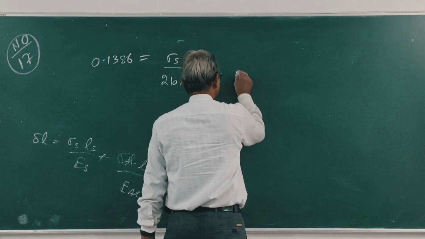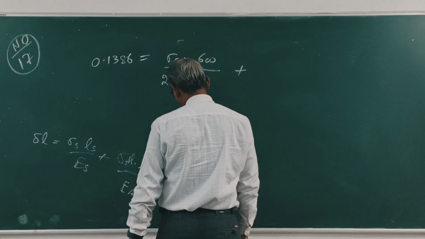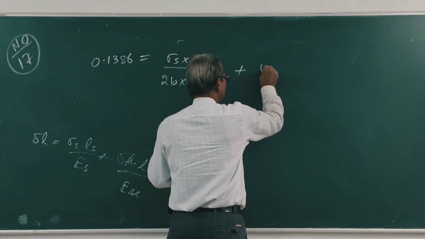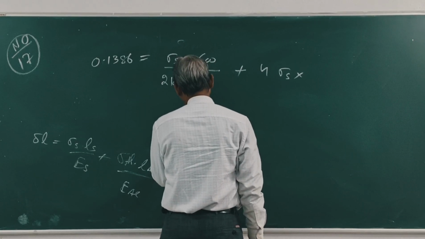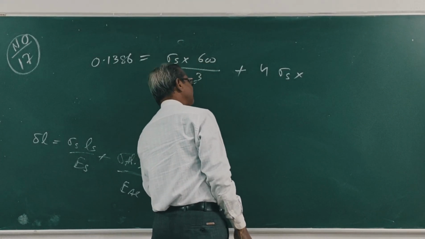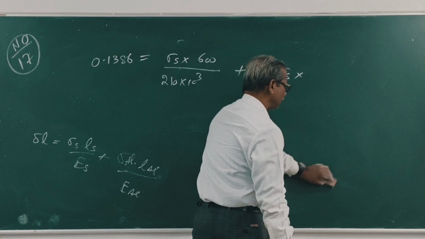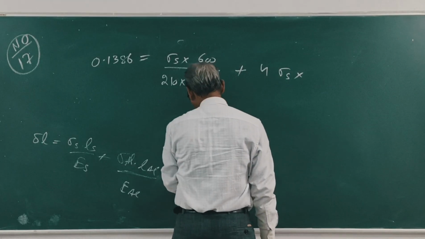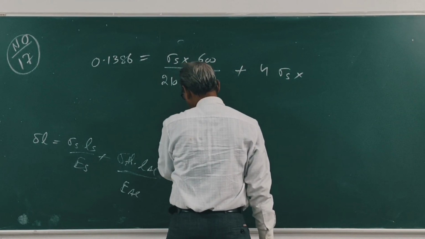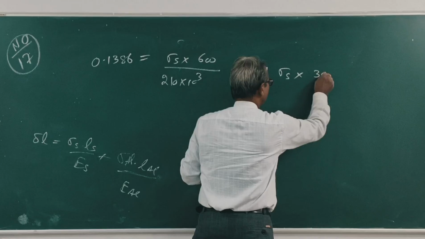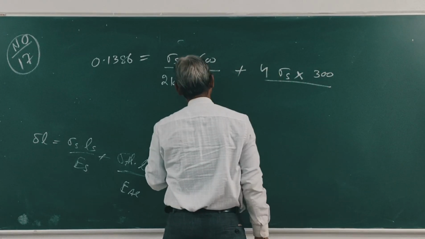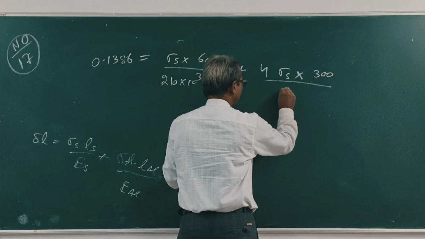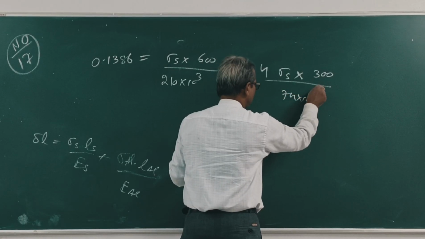plus sigma aluminum, 4 sigma steel, L aluminum. What is L aluminum? L aluminum is equal to 300 mm by E aluminum 74 3.